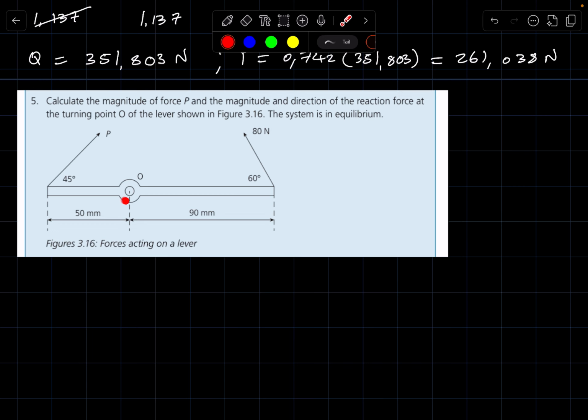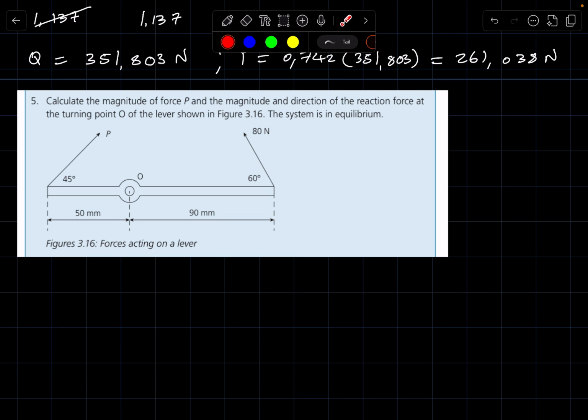Now the point O is our hinge point. This is where this lever system is being supported. If you look at the problem statement: calculate the magnitude of force P and the magnitude and direction of the reaction force at the turning point O of the lever shown in this diagram, the system is in equilibrium.